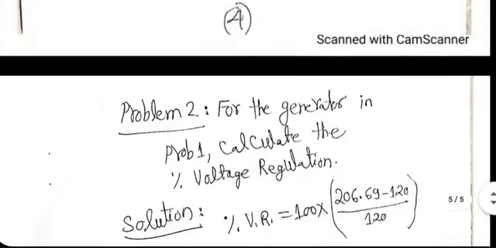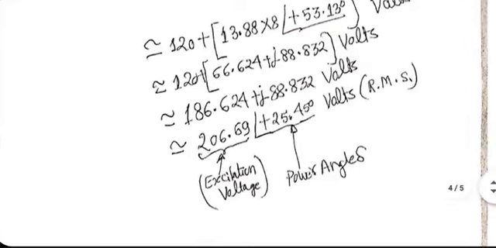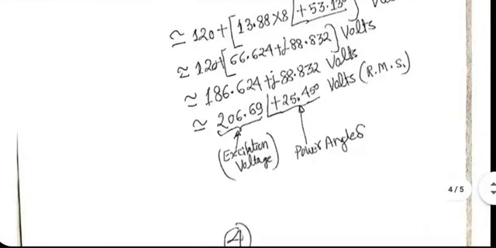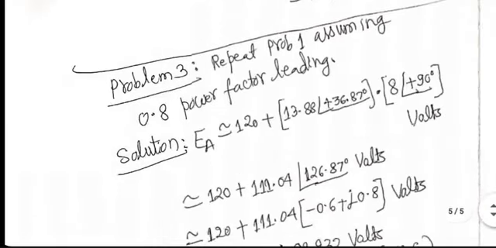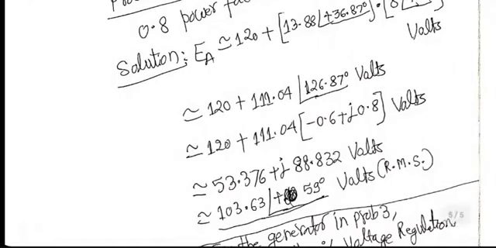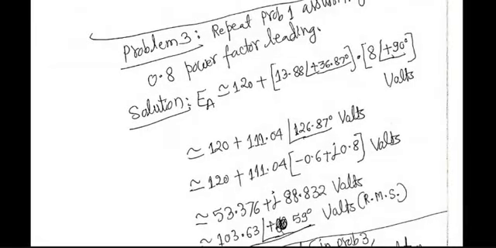In the previous case, we got a power angle of plus 25.45 degrees, and the EA value was 206.69 volts. Drastic change. That's why I've been telling you again and again that power factor plays a very important role in the performance of the alternator.